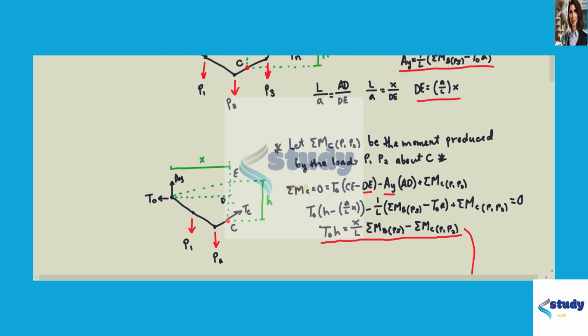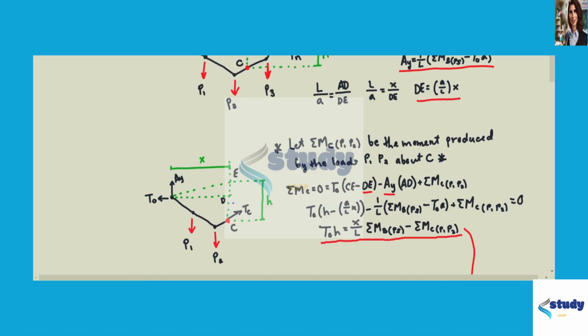Next, we're going to draw a free body diagram from A to C. Again, X is the horizontal distance from A to C, and H is the vertical distance from E to C. This time, we're going to let the summation MC P1, P2 be the moment produced by the loads P1 and P2 about C. So we're going to do the sum of moments around C and set that equal to 0.